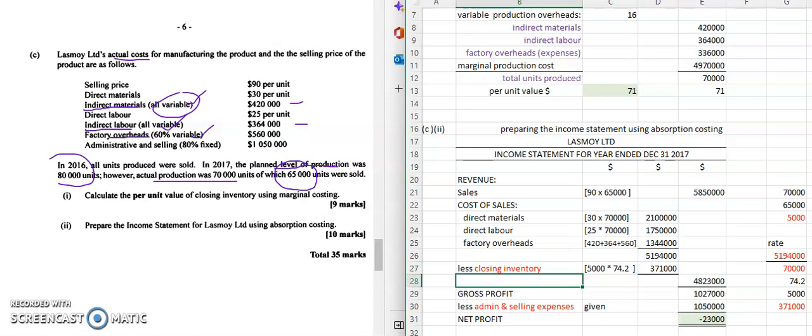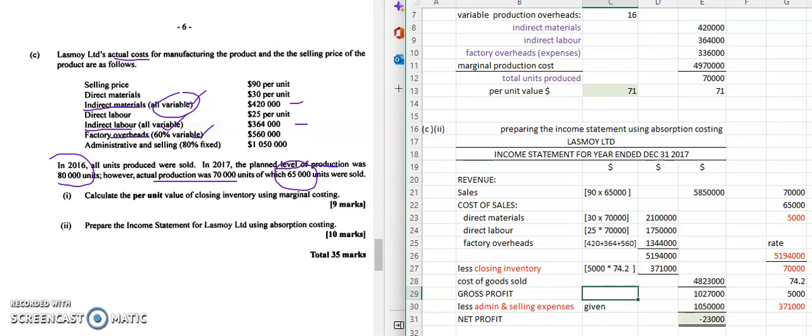371,000, and therefore we're going to subtract that to get the cost of goods sold, right? So cost of goods sold. All right, and subtract the cost of goods sold from the revenue, and that will give us the gross profit.